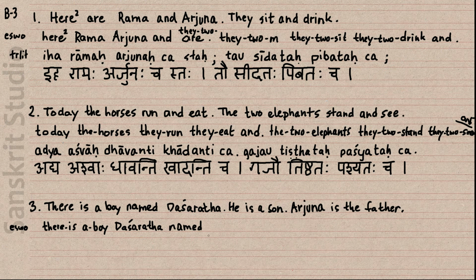So that's why this order there. So we're sort of switching. When we're going from English to Sanskrit, we're doing it backwards there. Instead of saying named Dasharatha, we say Dasharatha named. All right. And he is a son. And, well, we just do he, a son is.